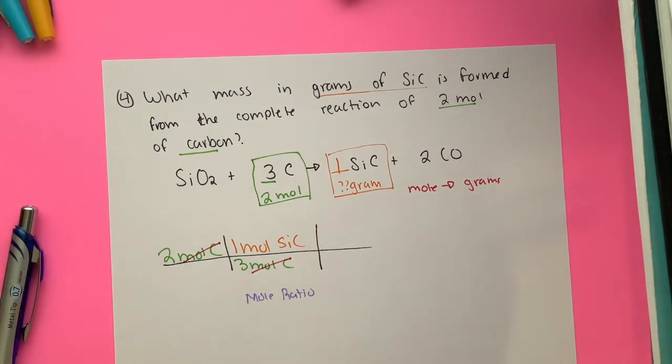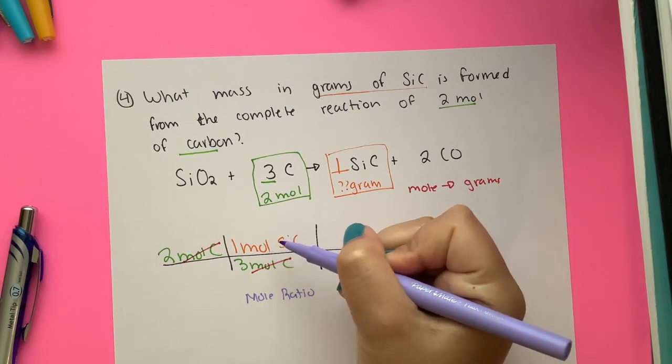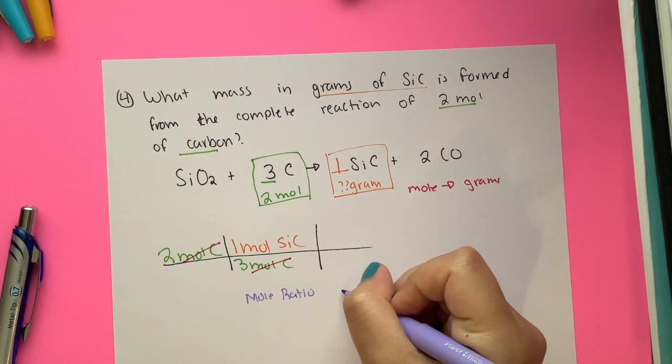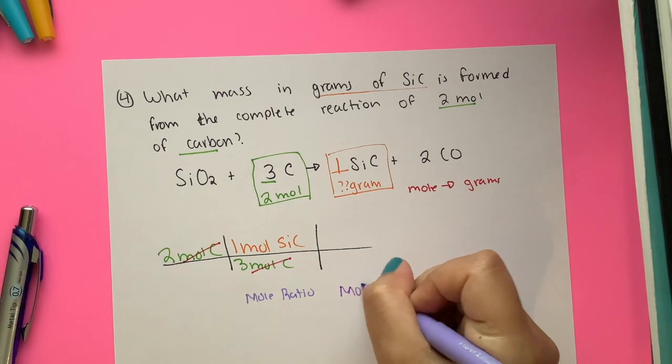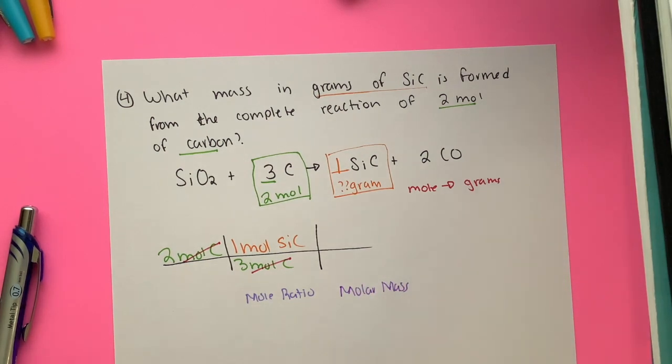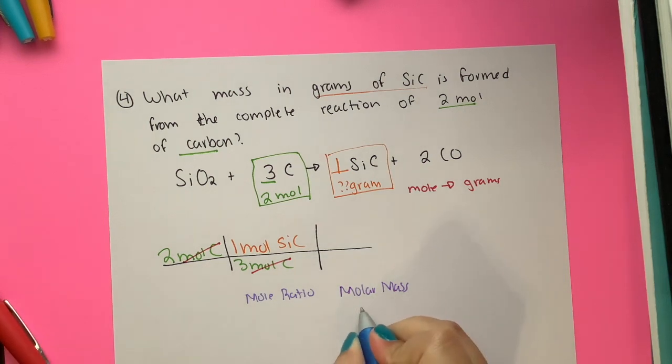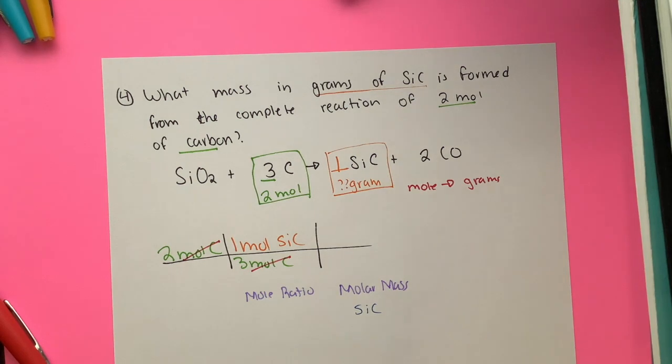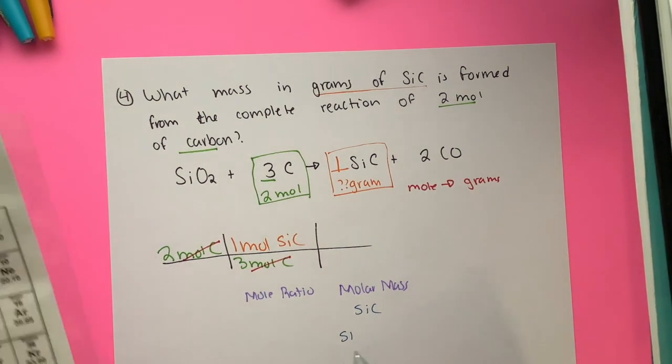In this step, I'm going to have to go from moles to grams. Remember, the way I know how to do that is by using the molar mass. So I have to find the molar mass of SiC. I need to go to the periodic table. I have 1 and 1 of each.